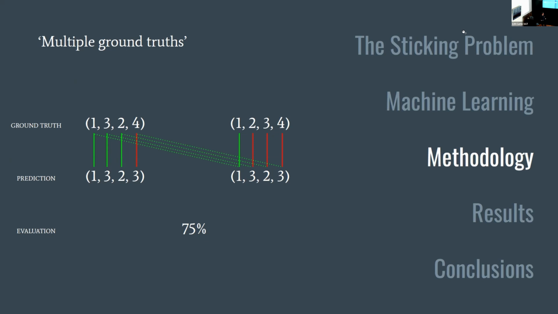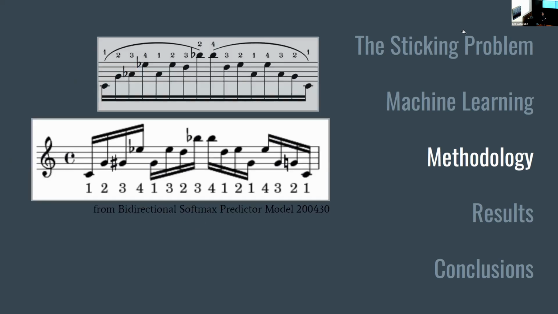One aspect that was harder to quantify is the qualitative evaluation. As I mentioned at the beginning, one of the real challenges with this is that some aspects, this being music, can be quantified, and some aspects are really difficult to quantify. And so as part of this study, we also did a qualitative evaluation.